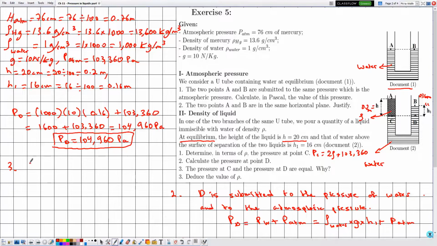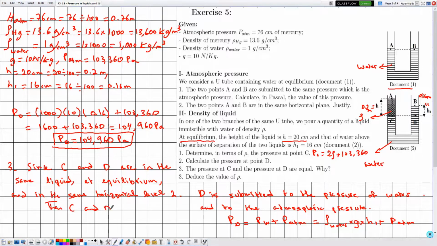So let's say that since C and D are in the same liquid at equilibrium, and here the same liquid is water, and in the same horizontal level, then C and D are submitted to the same pressure.